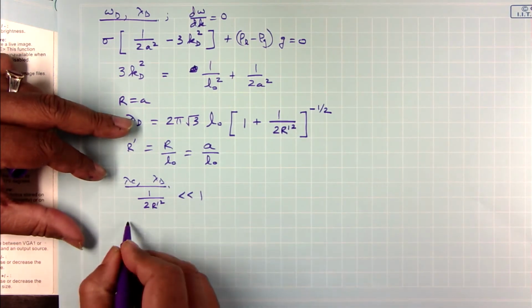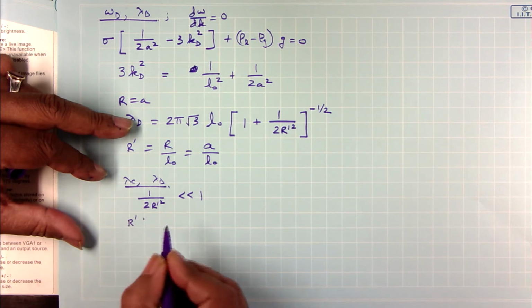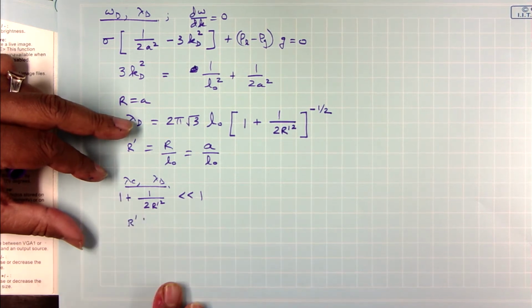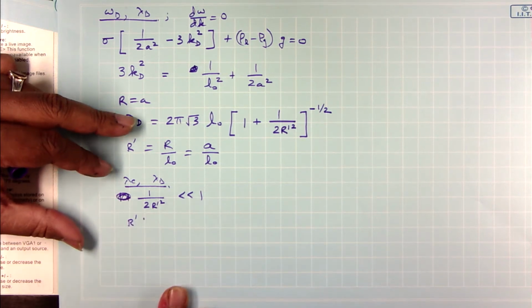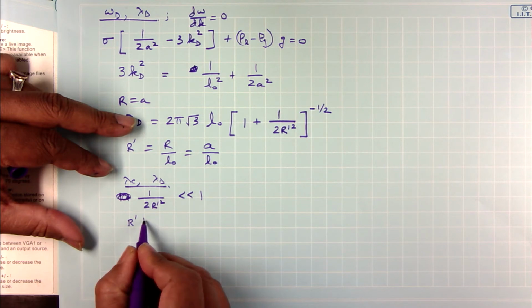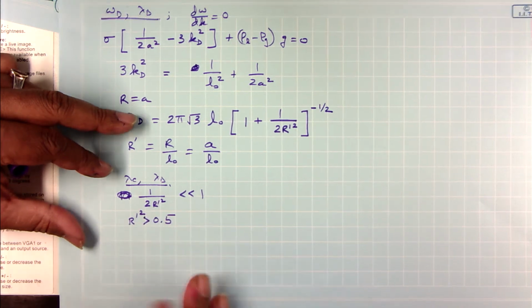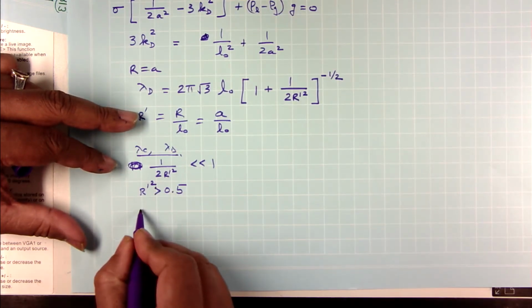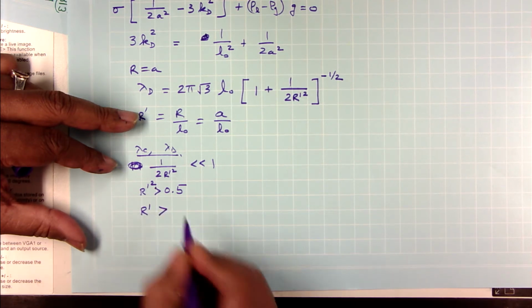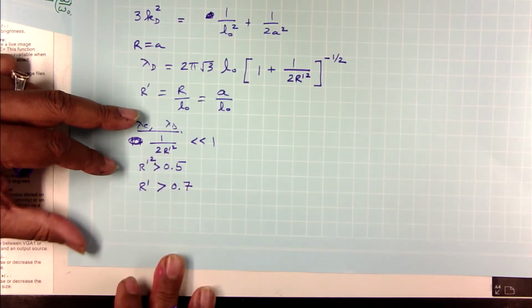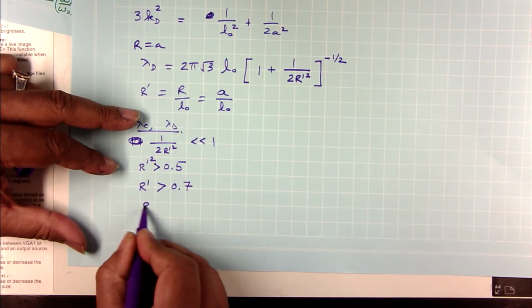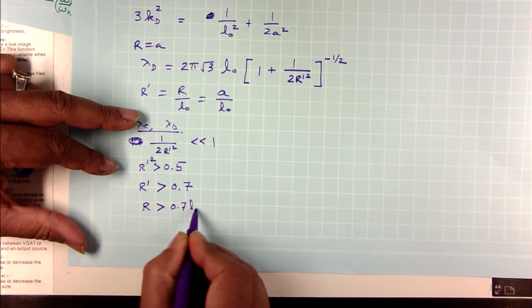Or in other words, I want my r prime to be greater than 0.5 r prime square, isn't it, which means I want my r prime to be greater than 0.7, or in other words, my r should be bigger than 0.7 L naught.